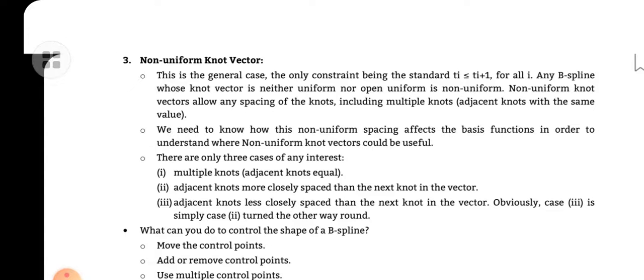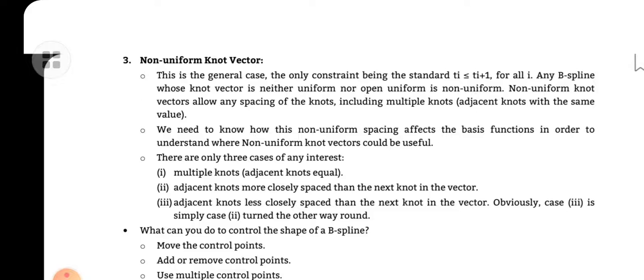And so any B-spline whose knot vector is neither uniform nor open is non-uniform. Open uniform is a special case of non-uniform, and a non-uniform knot vector allows any spacing of the knots, including multiple knots. We need to know how this non-uniform spacing affects the basis functions in order to understand where non-uniform knot vectors could be useful.